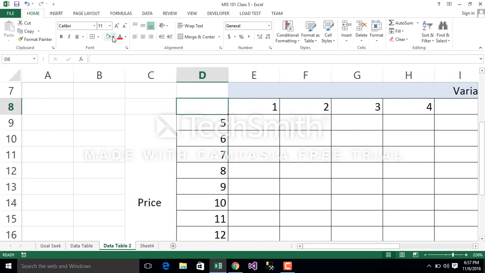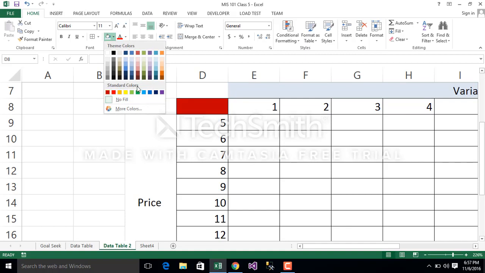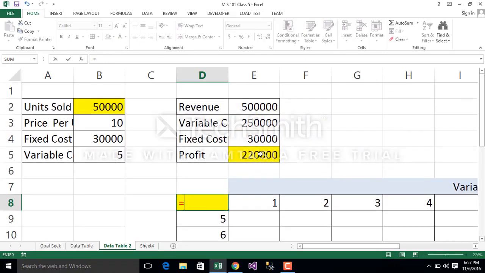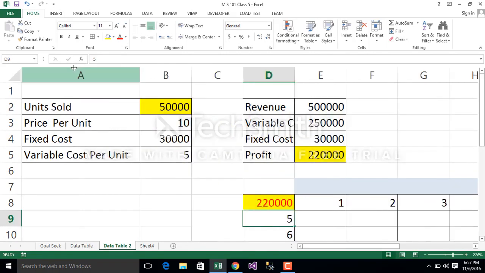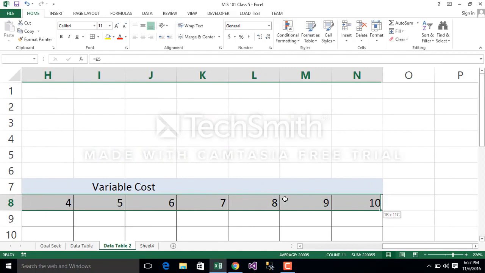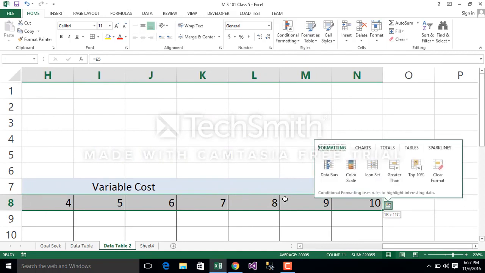What you have to do is take the profit here and remember it. Use formulas everywhere. So copy this one here, and then select the whole table, not outside of the table.